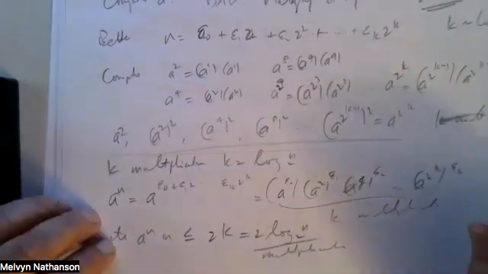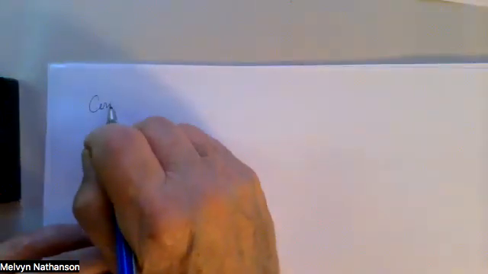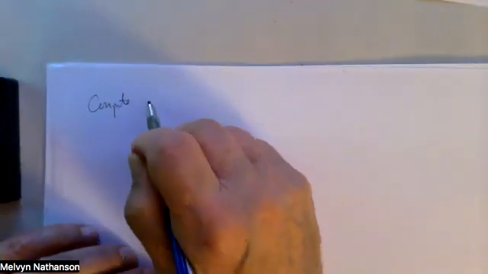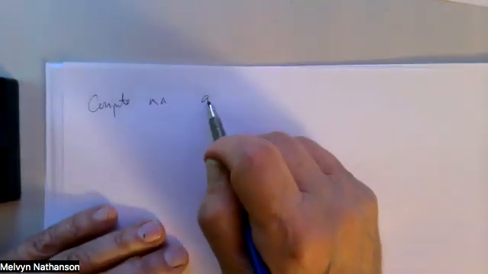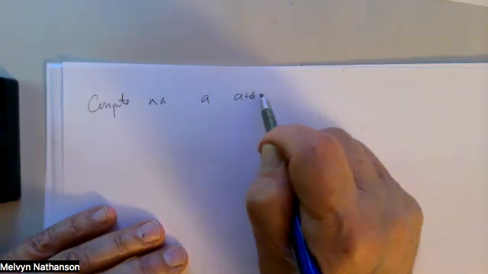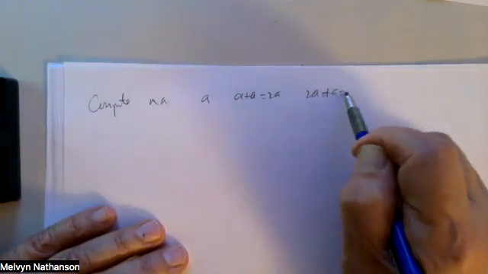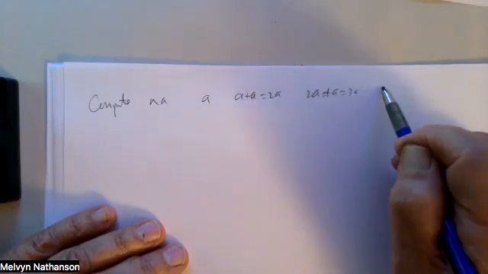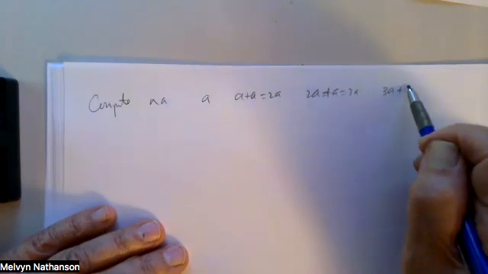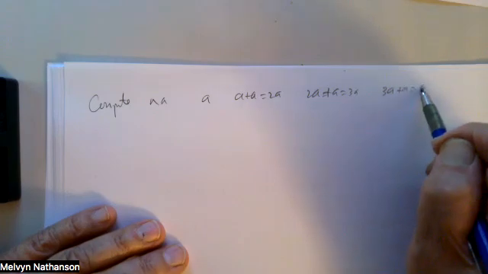Now we can carry this over to addition. Suppose I want to compute n times a. How many addition steps do I need? I could take a, add a to itself to get 2a, add a to 2a to get 3a, add a to 3a to get 4a.